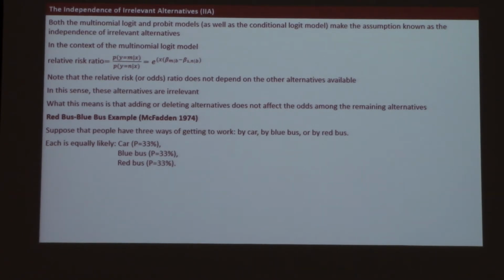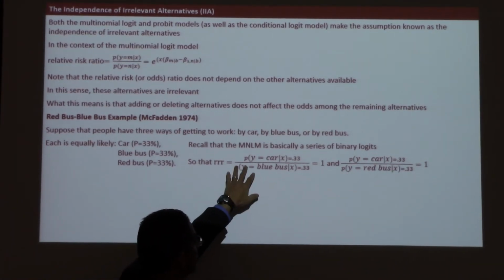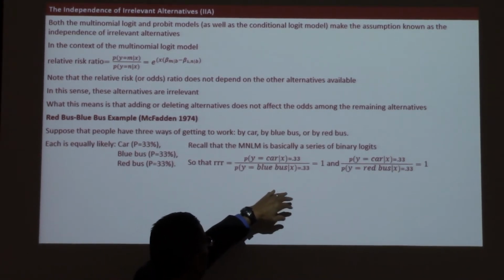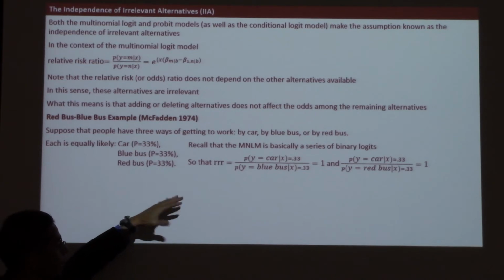Now, the independence of irrelevant alternatives says, and we can see this from our relative risk ratio, that the relative risk ratio of car relative to blue bus is 1. They're both 1/3, so we're equally likely to take car as we are blue bus.